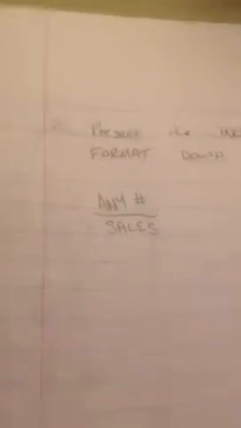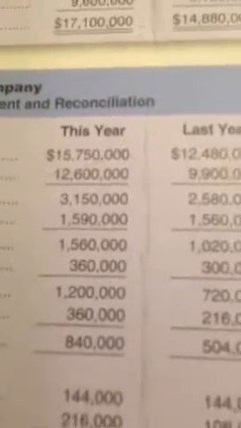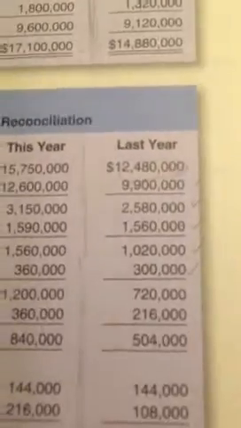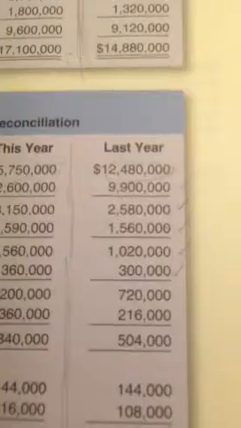Moving down to number 2. Present the income statement in common size format. It's basically the same formula, but it's any number over sales. Sales is 15,750,000 for this year and 12,480,000 for last year.